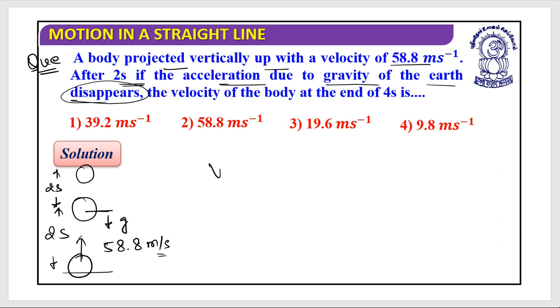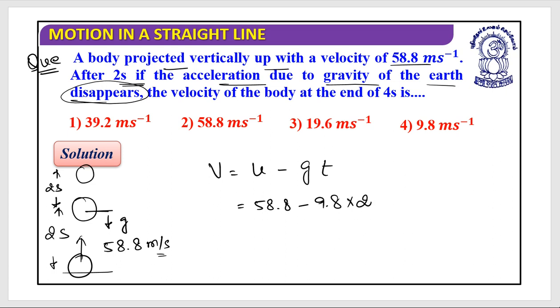So I can write v is equal to u minus gt. The initial velocity is 58.8, minus g, which is 9.8, because they have not said to take g as 10, so I cannot take it as 10.